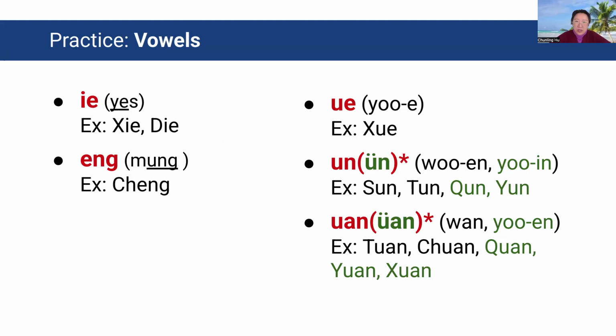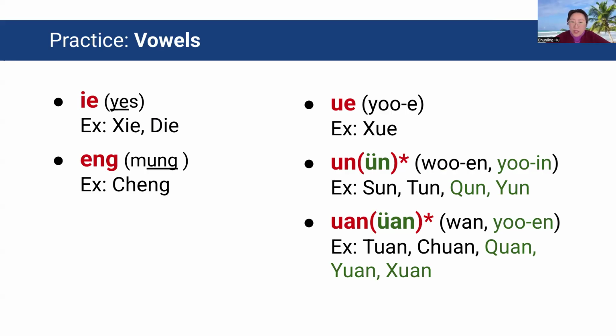So the example is Xie, and Die. It's not die, I know it looks like a die, but it's Xie, Die, Cheng reads Cheng, Yue, Xue, Wen, Sun, Tun. And the green ones in the parentheses are Wen, Qun, Yun, Wan.